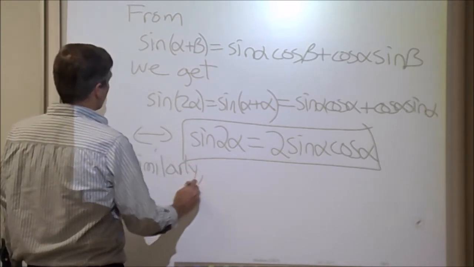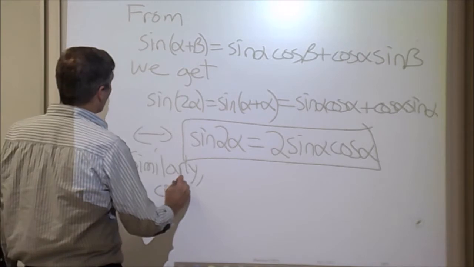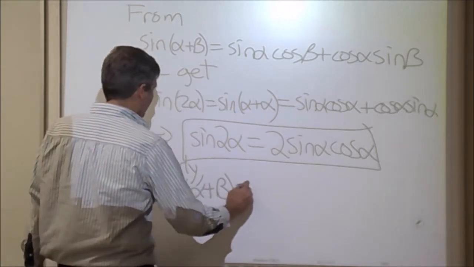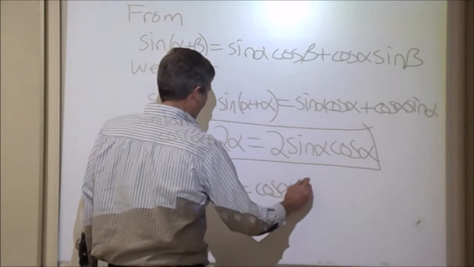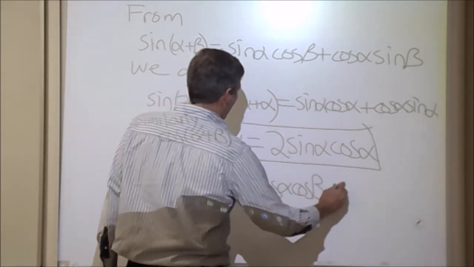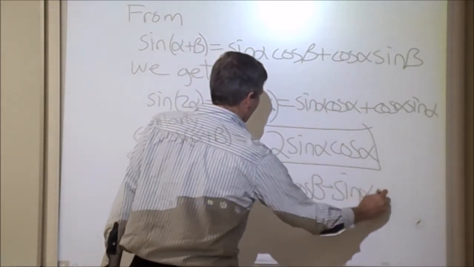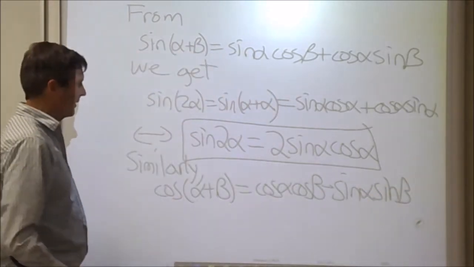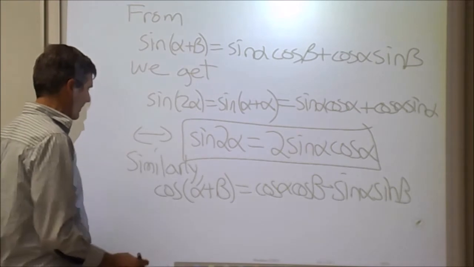Similarly, I think you should know the proof for this one. What is the cosine of alpha plus beta going to tell us? Remember, this one was cosine cosine minus sine sine. So there was the sum formula for cosine.